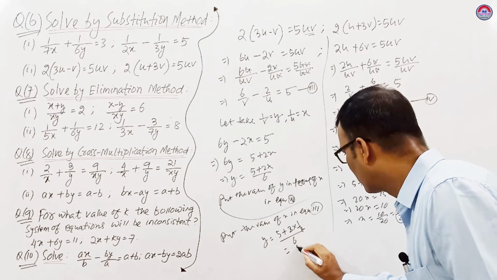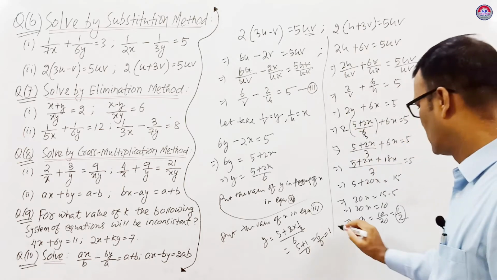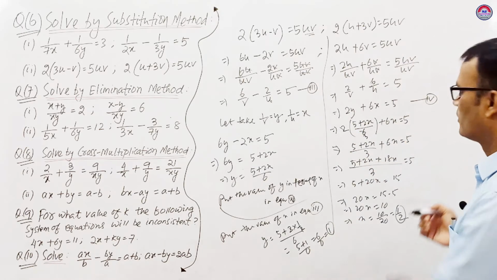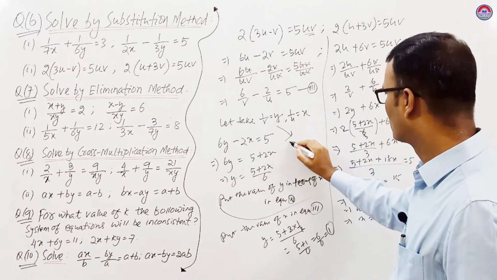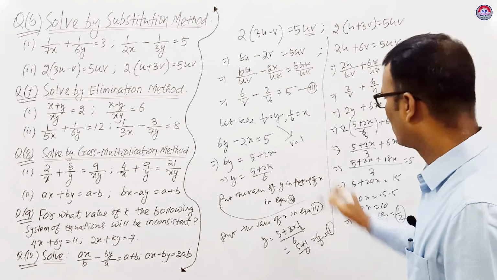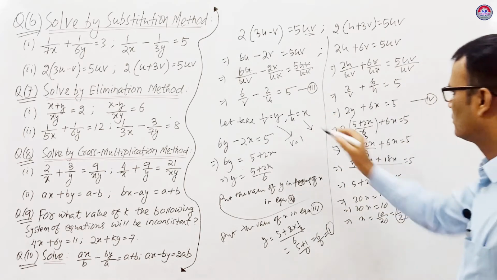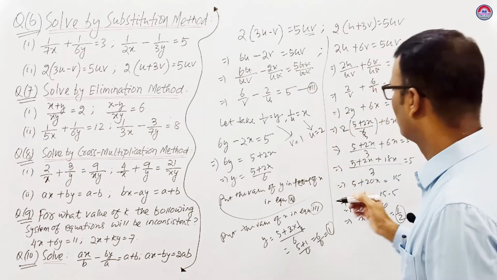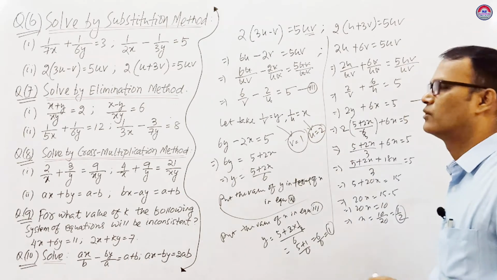So it is 5 plus 1 by 6, 6 by 6 equal to 1. It is y is 1, but y is what? 1 by v equal to y. So v becomes reciprocal of this one, 1 by 1 equal to 1. 1 by u equal to x, x is 1 by 2, so u will be 2 because reciprocal. Take this, so u value is 2, v value equal to 1.